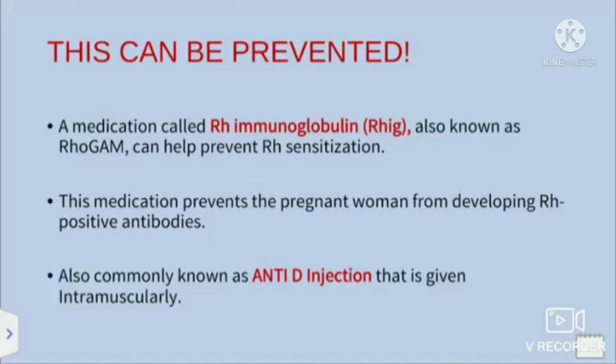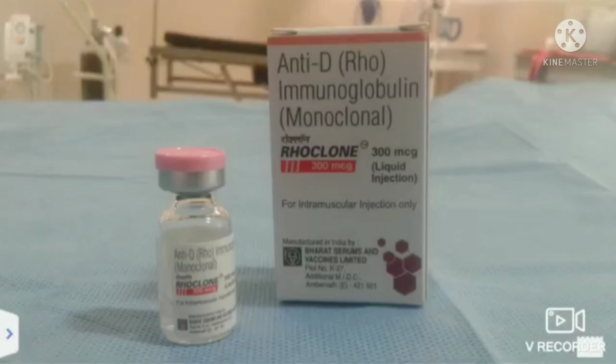This injection is also commonly known as anti-D injection, usually used in hospital settings and given intramuscularly. It is the anti-D immunoglobulin injection that is monoclonal in nature, and it comes in 300 mcg dosage. It is a liquid injection that is given IM.